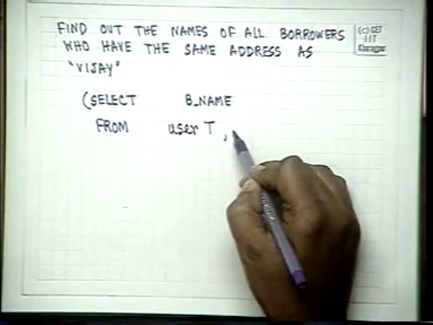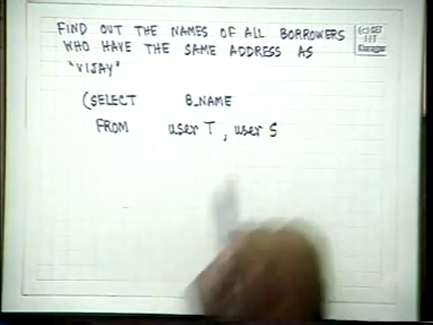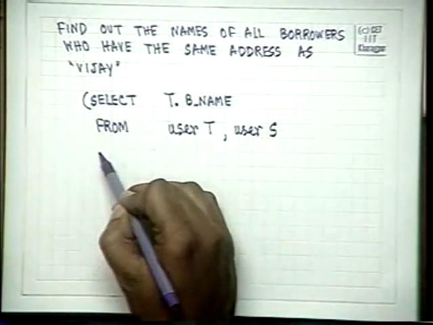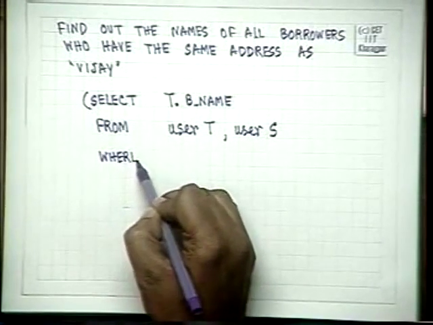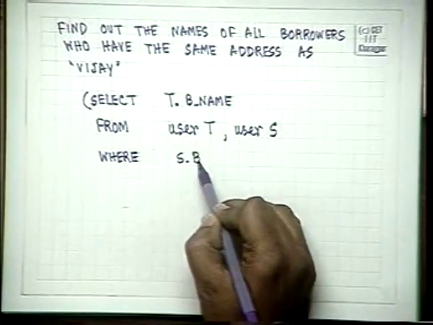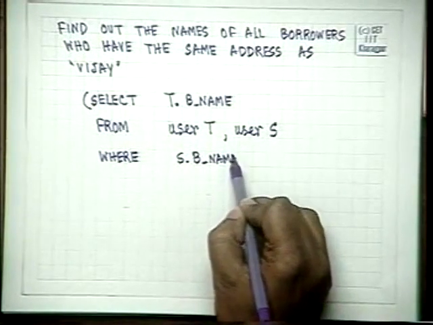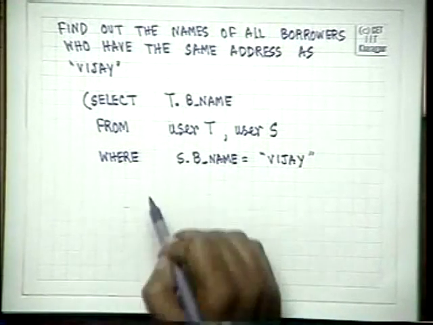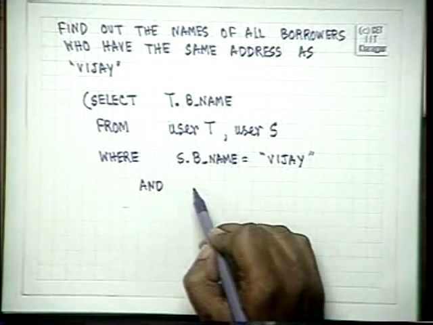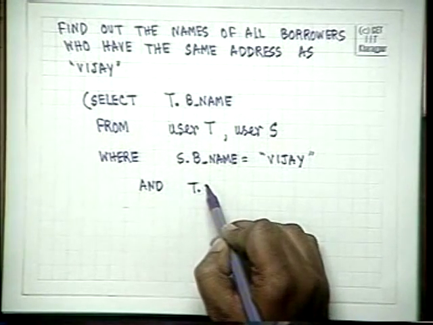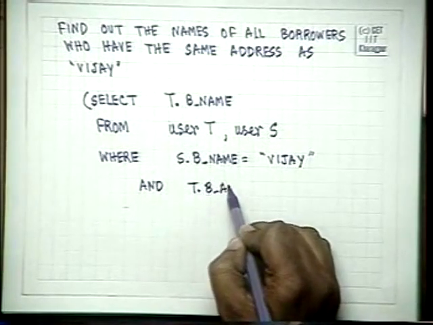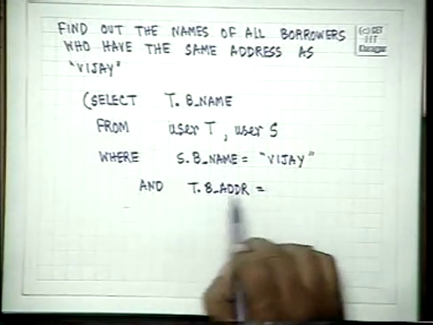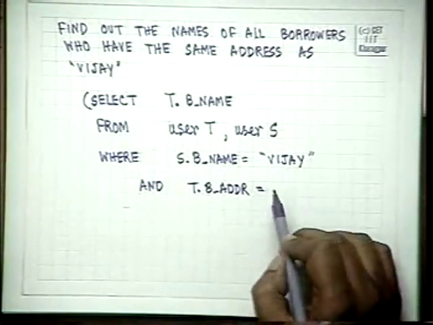User T, comma user S. And suppose we take out T dot B name, then we will have to have where S dot B name is equal to Vijay, and to get the natural join, T dot B address. It is not the natural join, it is just the Cartesian product, but we are just taking out those places where the address is common.